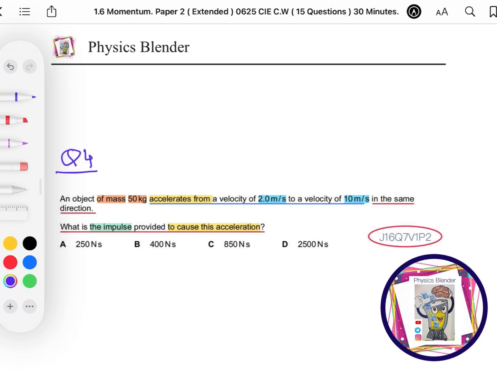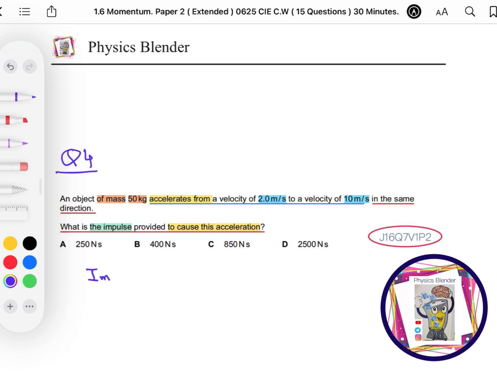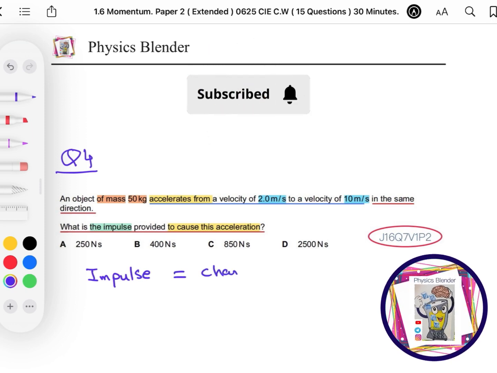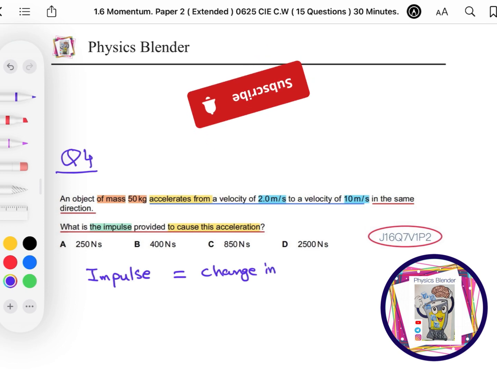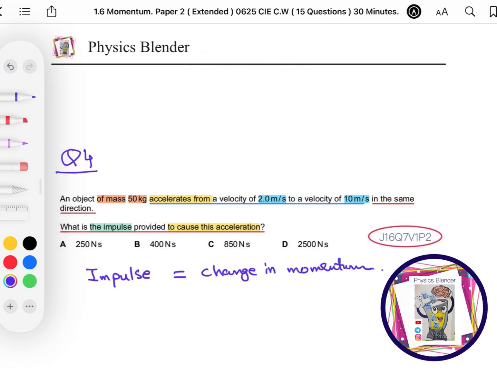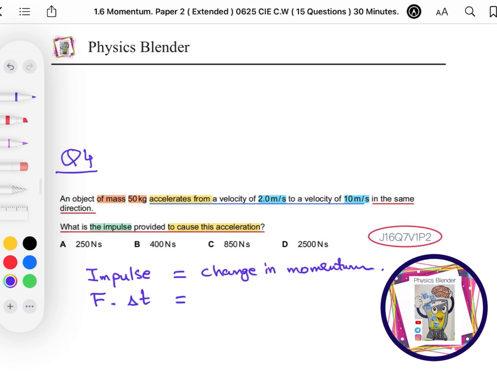Again, guys, you know the equation for calculating impulse. Impulse is equal to change in momentum. So force times delta T is equal to m delta V.